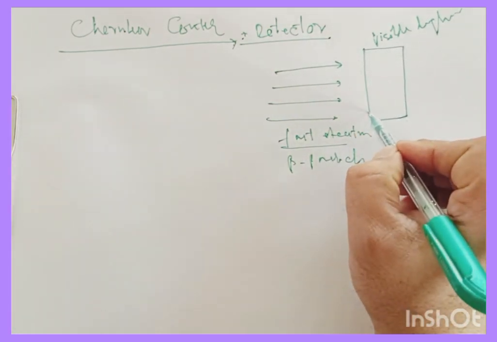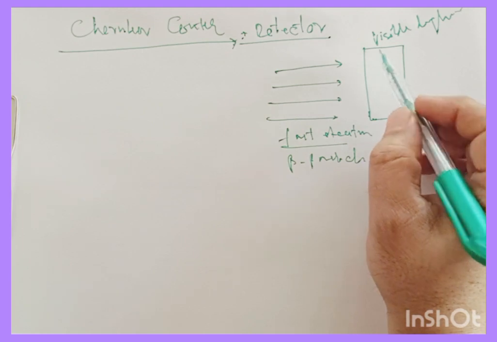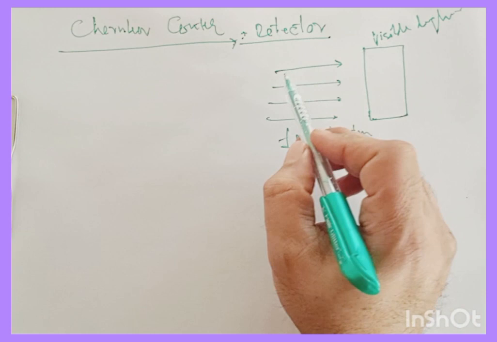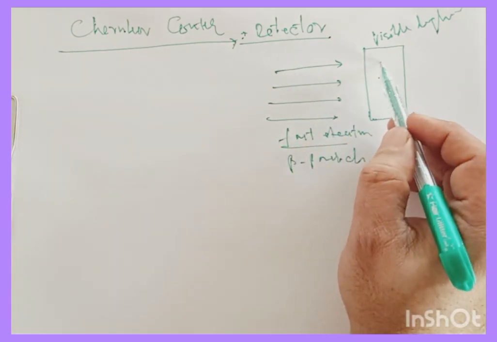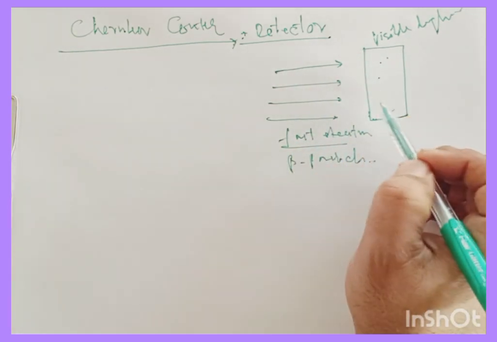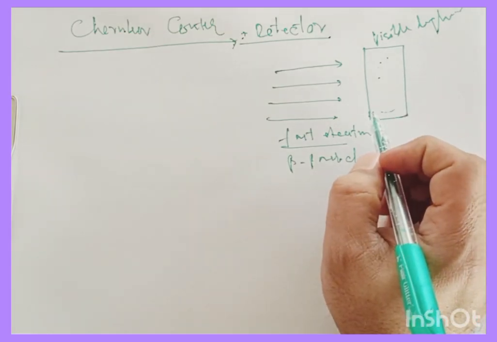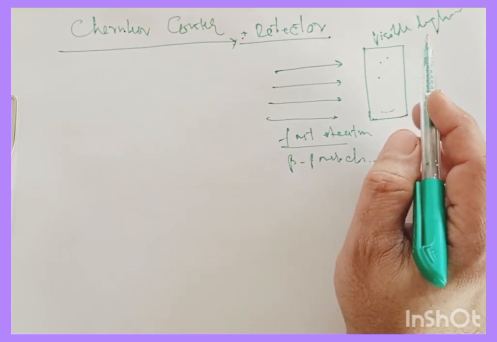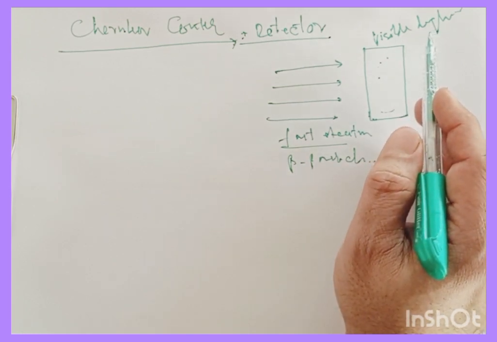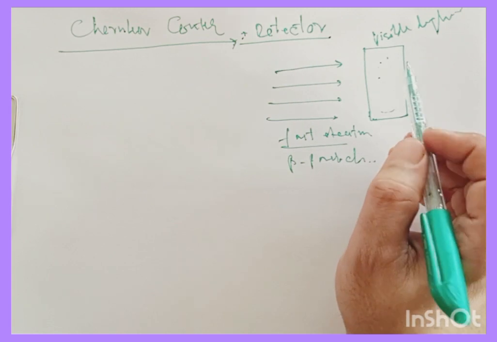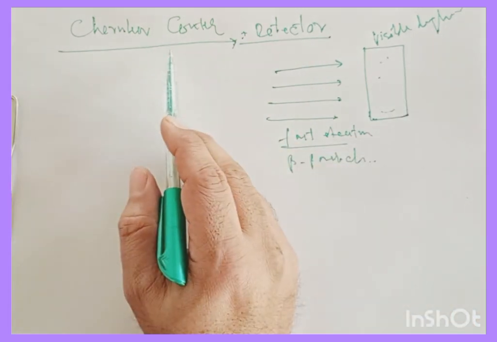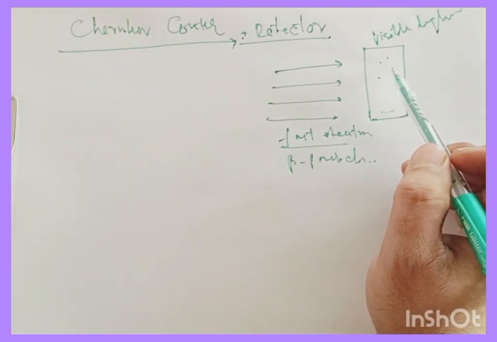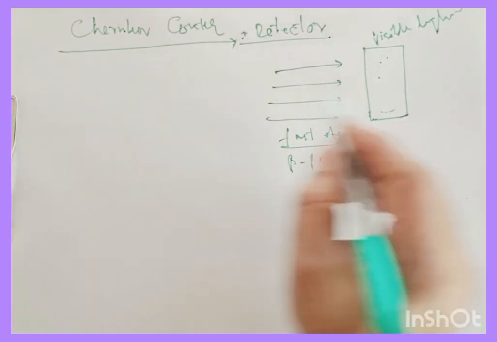If the velocity of the charged particle is greater than the velocity of light in this transparent medium, then certainly we have visible radiations. This effect was discovered by Cherenkov, and the radiations associated with this process are called Cherenkov radiations.